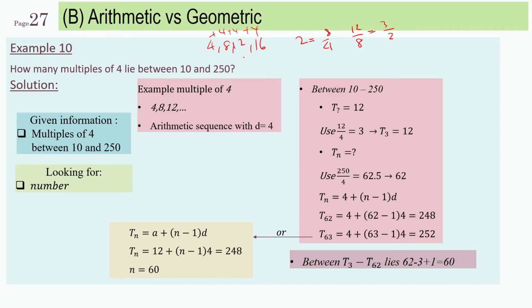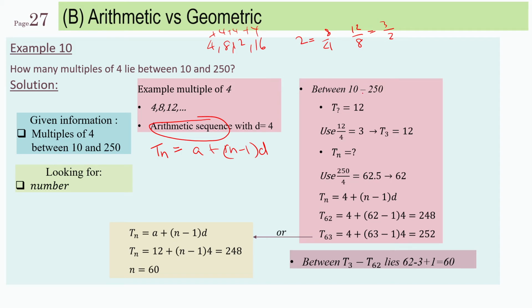So once we know this is an arithmetic, your brain must straight away come out with a plus n minus 1 d. Now this asks how many multiples of 4 lie between 10 and 250. After 10, the first one is 12, because 10 cannot be divided by 4, but 12 can.